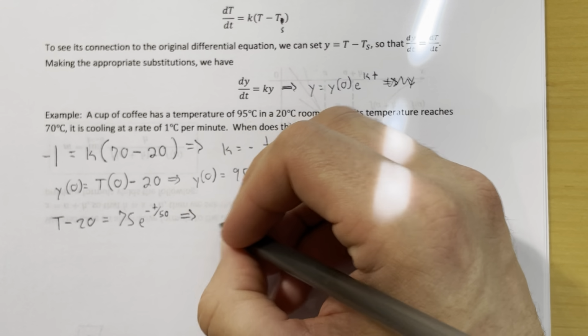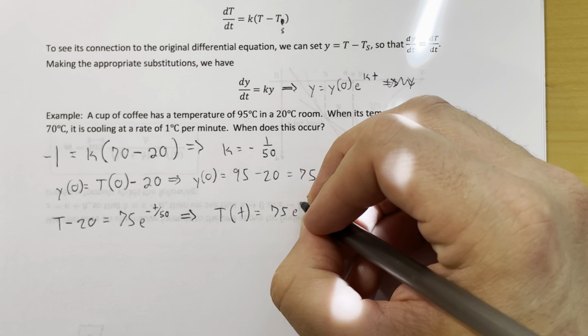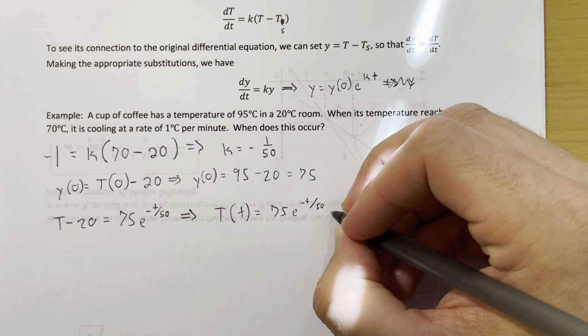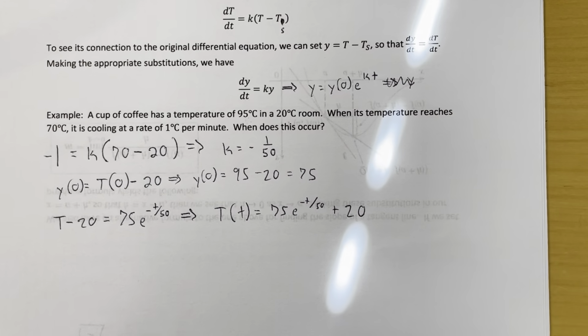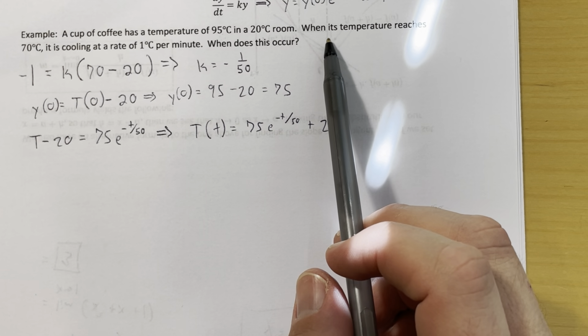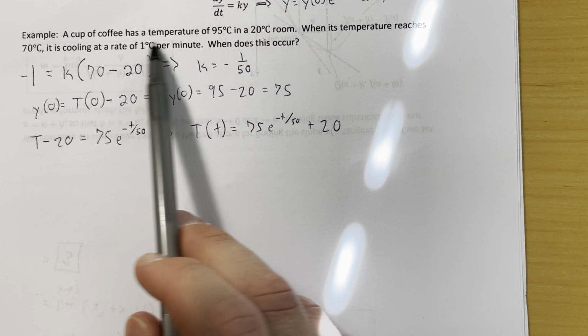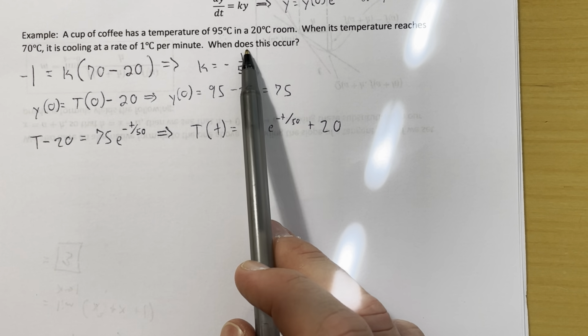Alternatively, I could write that this way. T of t is equal to 75 e to the negative t over 50 plus 20. Okay, so this is the function that represents the temperature of my cup of coffee at a given time. Now it says, once again, when the temperature reaches 70 degrees Celsius, it tells us the rate at which it's cooling. When does this occur?